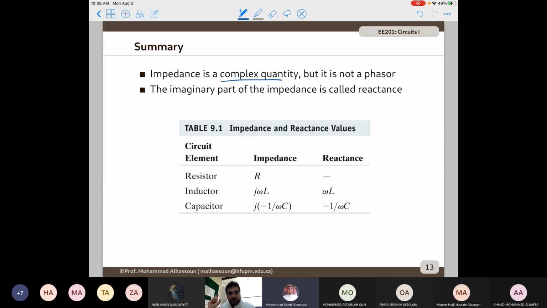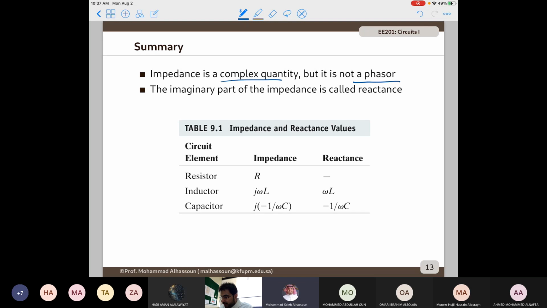The first one is we need to have a complex representation, or phasor-based representation, or frequency domain representation of the circuit elements. And this is done through the introduction of impedance. Also, we need to define the phasor form of KVL and KCL, and we'll come to it in a few moments. So the impedance is a complex quantity, not a phasor.